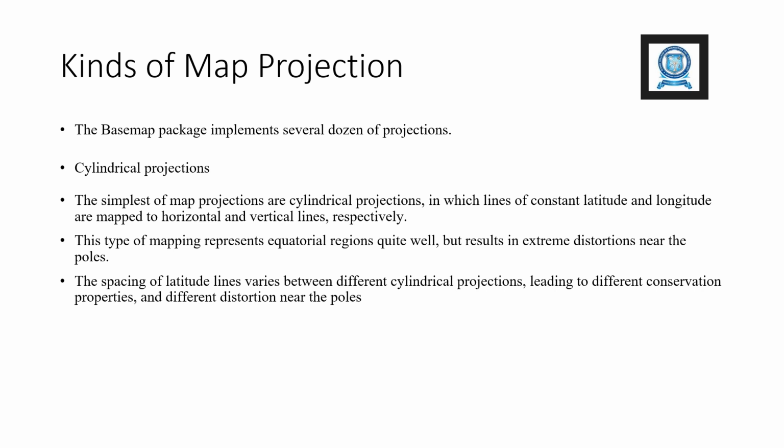This type of mapping represents equatorial regions quite well, but results in extreme distortions near the poles. The spacing of latitude lines varies between different cylindrical projections, leading to different conservation properties and different distortion near the poles.